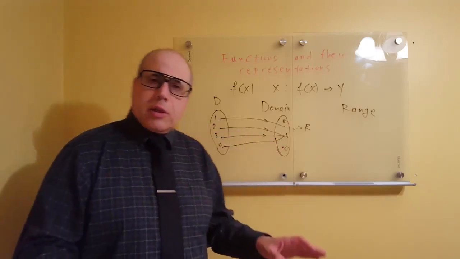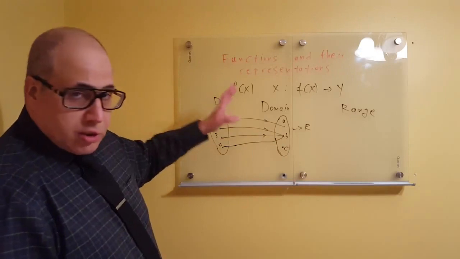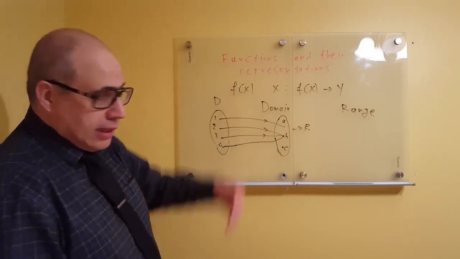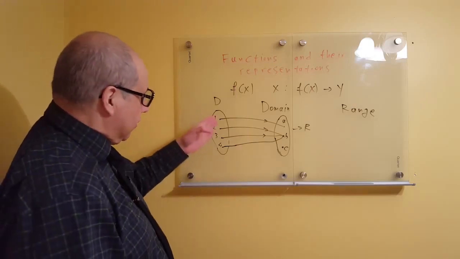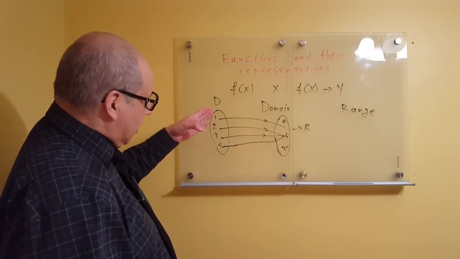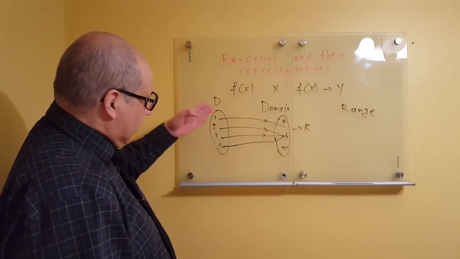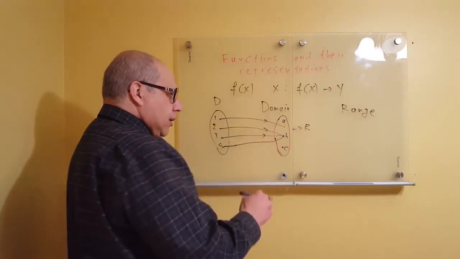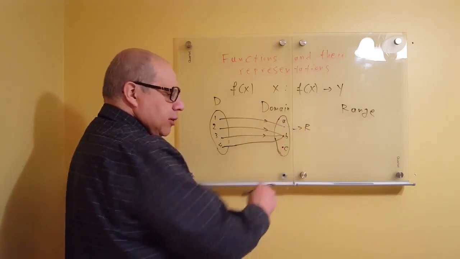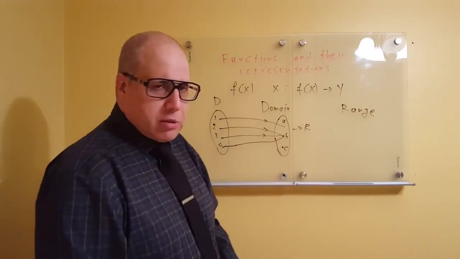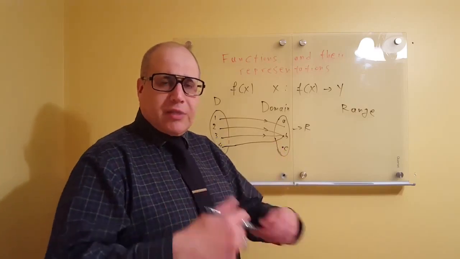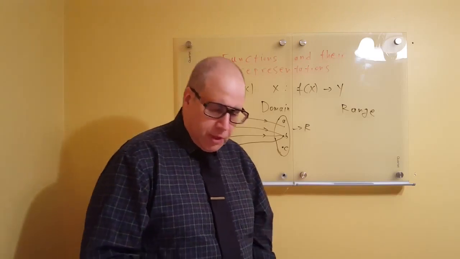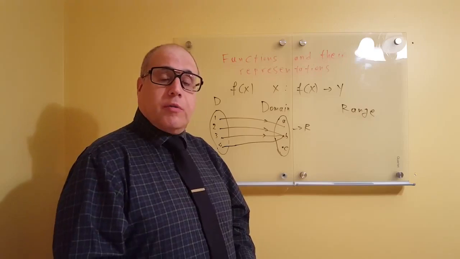But that's okay. This representation is a function, because again, it satisfies the definition of a function, which is that for every element of the domain, there is one and only one element corresponding in the range, which is correct. The fact that here we don't have any line going here is not a problem for satisfying the definition of a function.